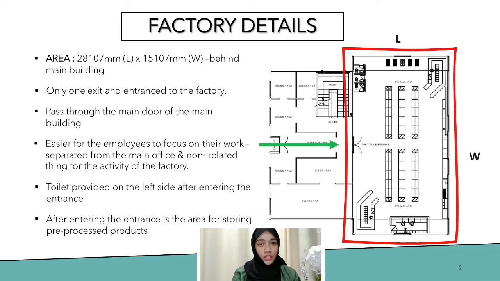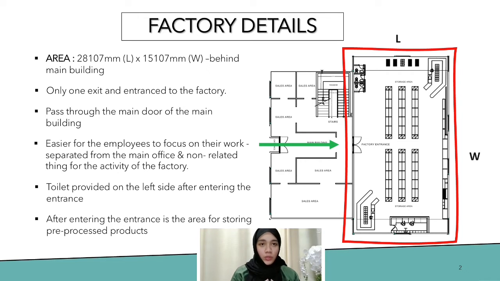The factory was built with 28,107 mm length and 15,107 mm width behind the main building. There is only one exit and entrance to the factory area, where we need to pass from the main door of the main building.